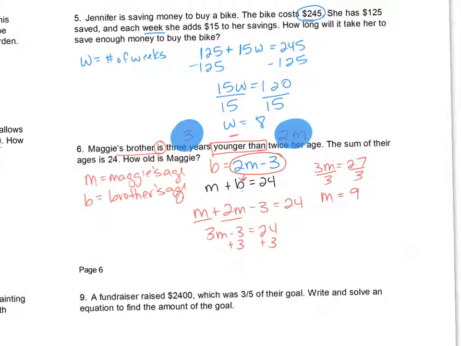Then we can take that and we can plug it in right here and solve for her brother's age. So her brother is 2 times 9 minus 3. So then that's 18 minus 3. So we know that Maggie's brother is 15 years old. And Maggie is 9 years old.